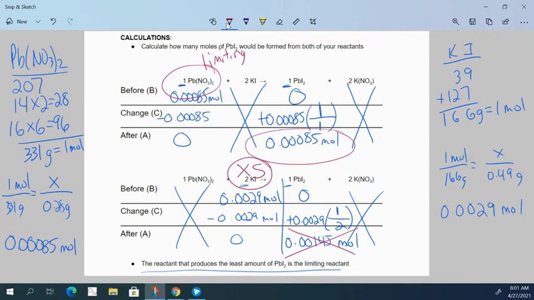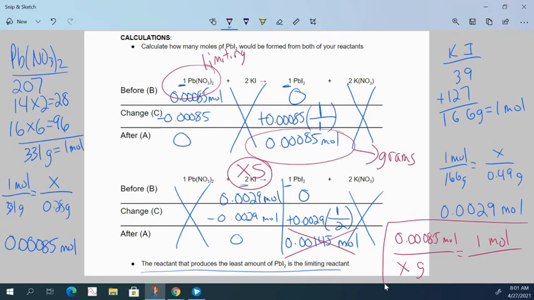Okay, and then the last step is to convert this theoretical number of moles into grams. So make myself a little space here. So we got 0.00085 moles. We don't know how many grams that is.